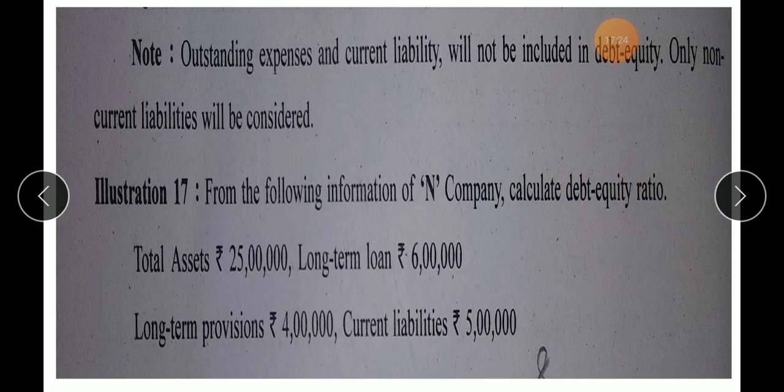What is included in shareholders' funds? Equity share capital, preference share capital, reserves and surplus. But nothing from that appears to be mentioned in the given illustration. So what we are going to do? You need to think. You need to use your common sense here.